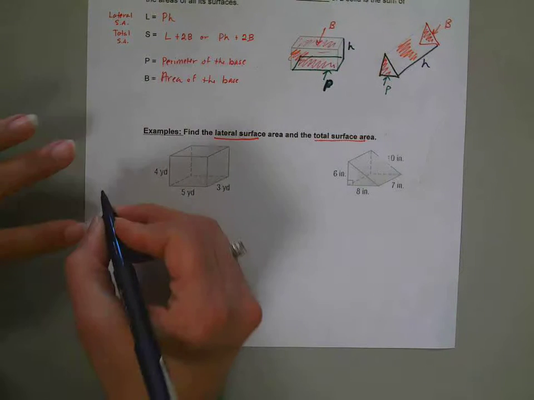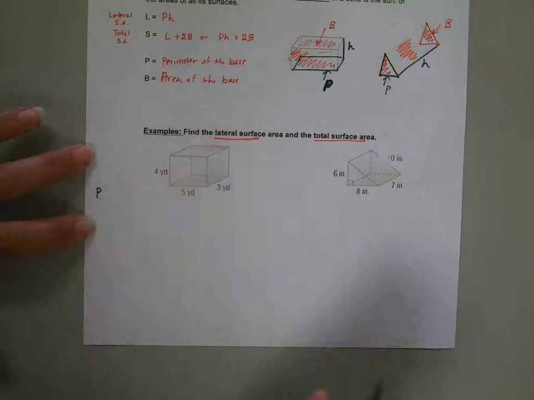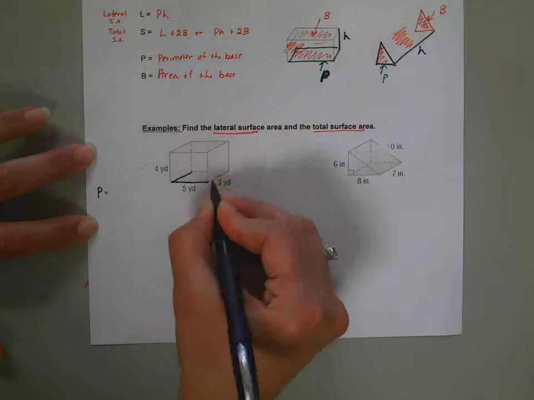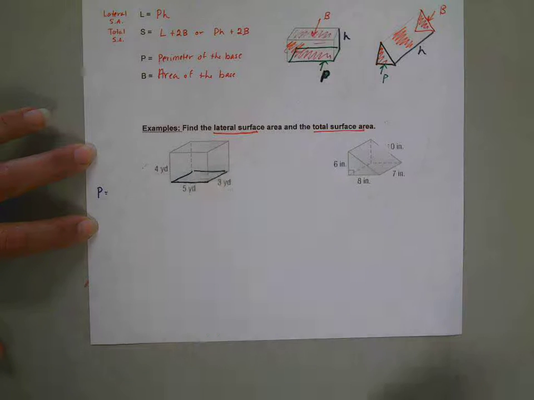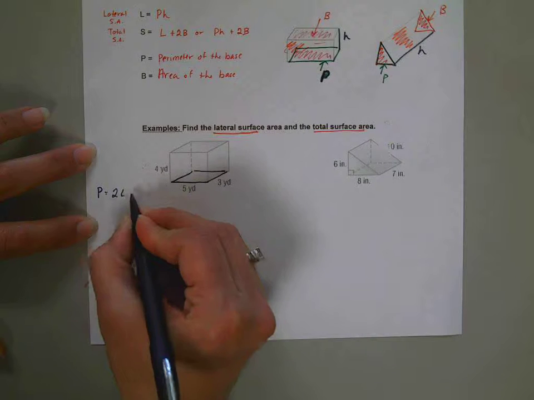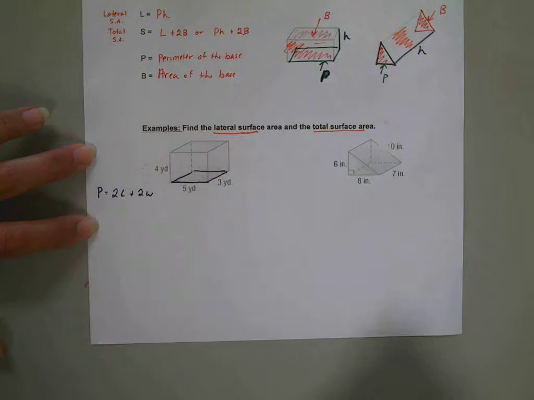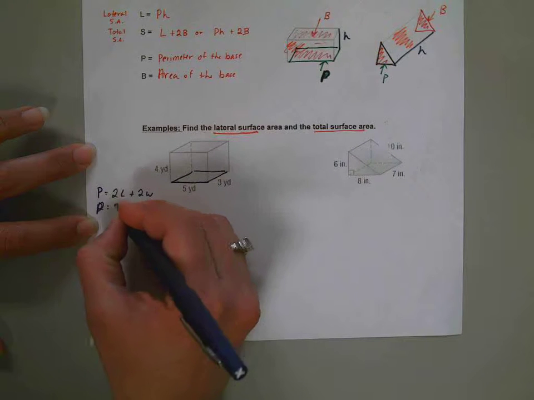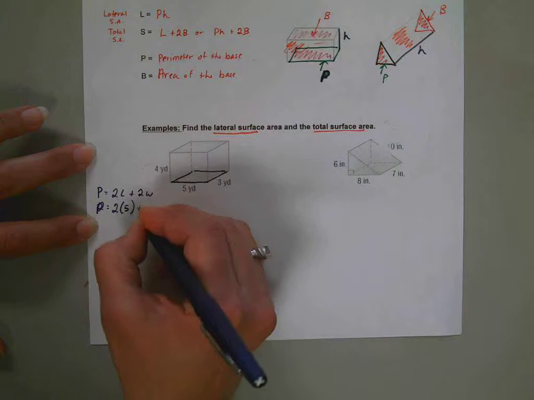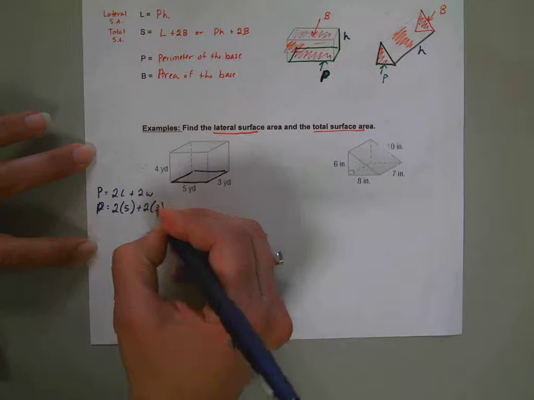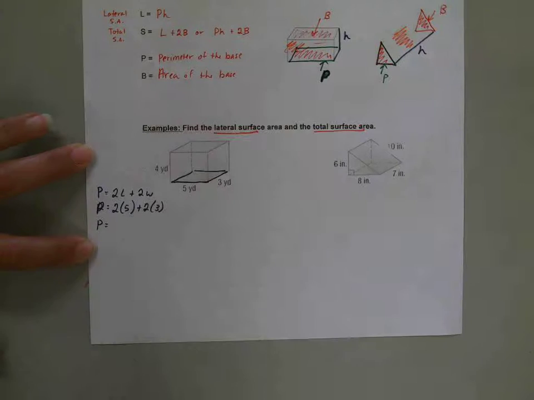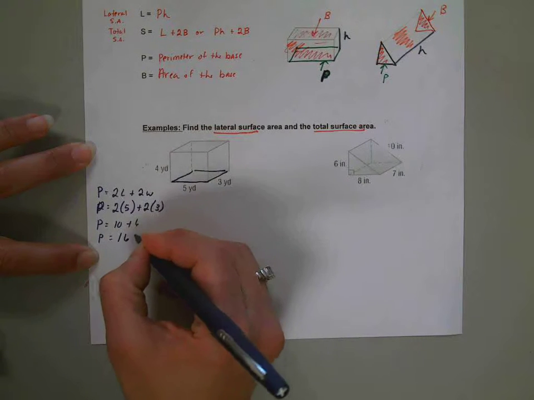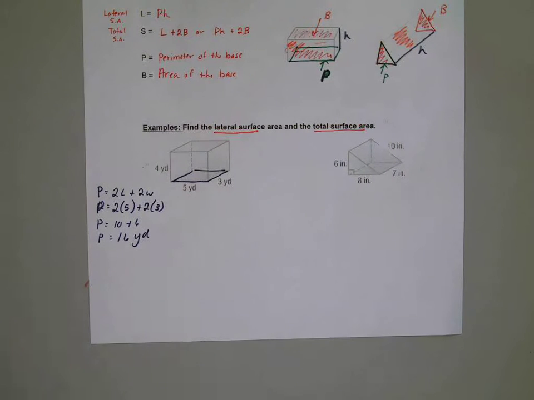So I'm going to start with big P. My base is a rectangle, so I'm going to do 2 times the length plus 2 times the width. So P equals 2 times 5 plus 2 times 3. So the perimeter is 10 plus 6, which is 16 yards.